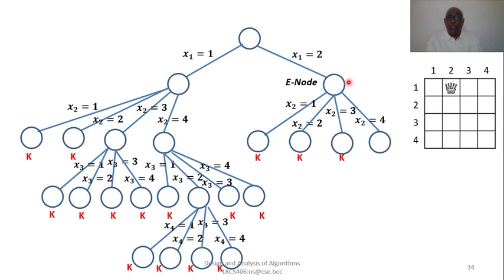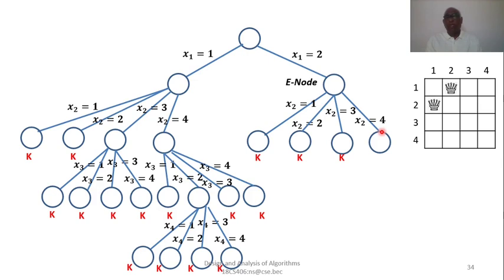And once it becomes the E node, we construct the children by choosing the values of x2 equal to 1, x2 equal to 2, x2 equal to 3, and x2 equal to 4. And we find that the children resulting from x2 equal to 1, x2 equal to 2, x2 equal to 3, and the partial solutions represented by them violate the bounding function. So we finally arrive at x2 equal to 4.